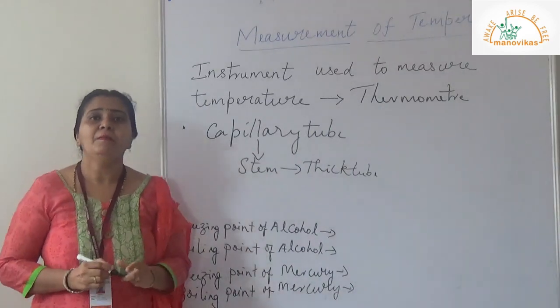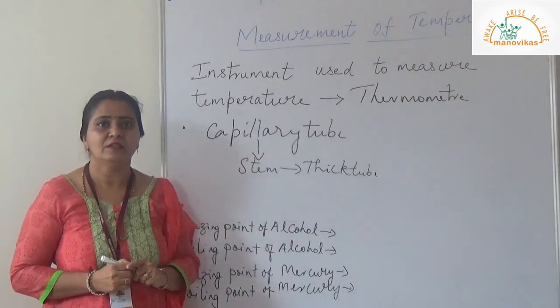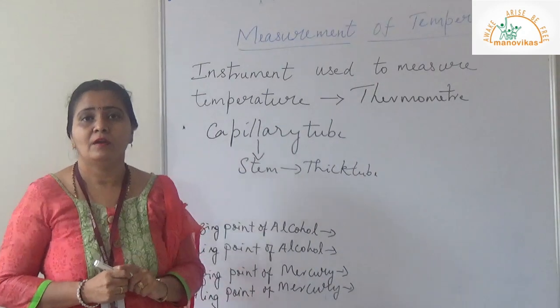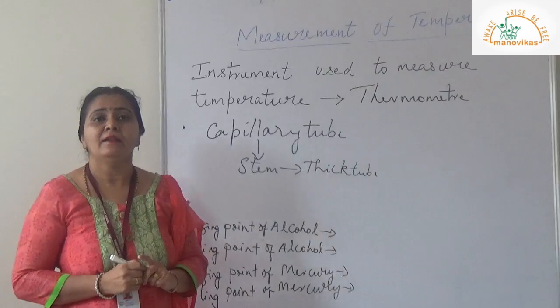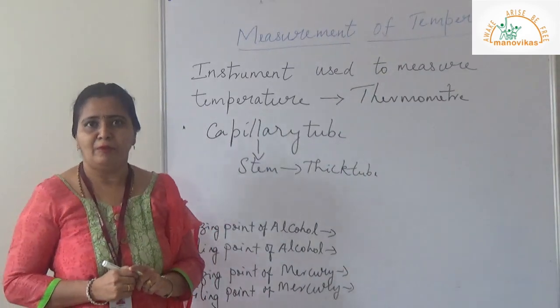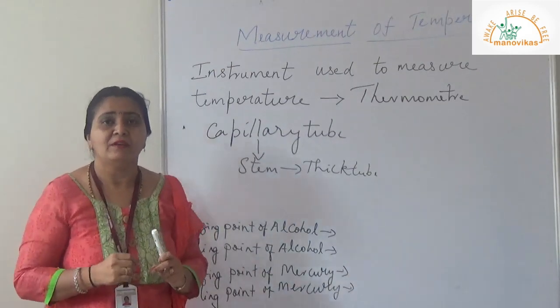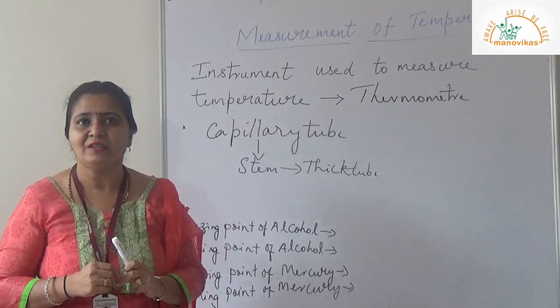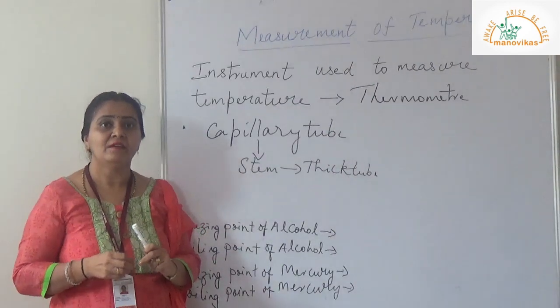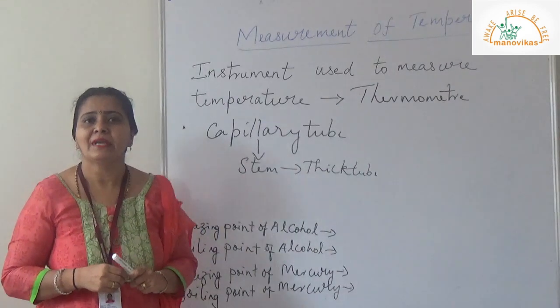When the bulb of the thermometer comes in contact with a hot object, the mercury expands and there will be a rise in the level of mercury in the capillary tube. When the bulb comes in contact with a cold object, the mercury contracts and it goes down in the capillary tube.